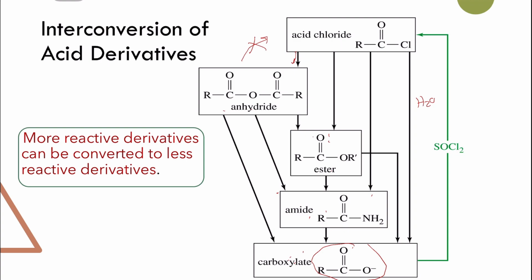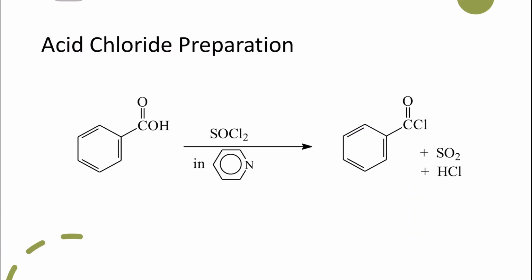So how can we then synthesize or prepare the acid chloride, since it's the most reactive acid derivative? We can do that directly from the carboxylic acid, but not via nucleophilic acyl substitution, but through reaction with thionyl chloride. So let's have a look at the acid chloride preparation.